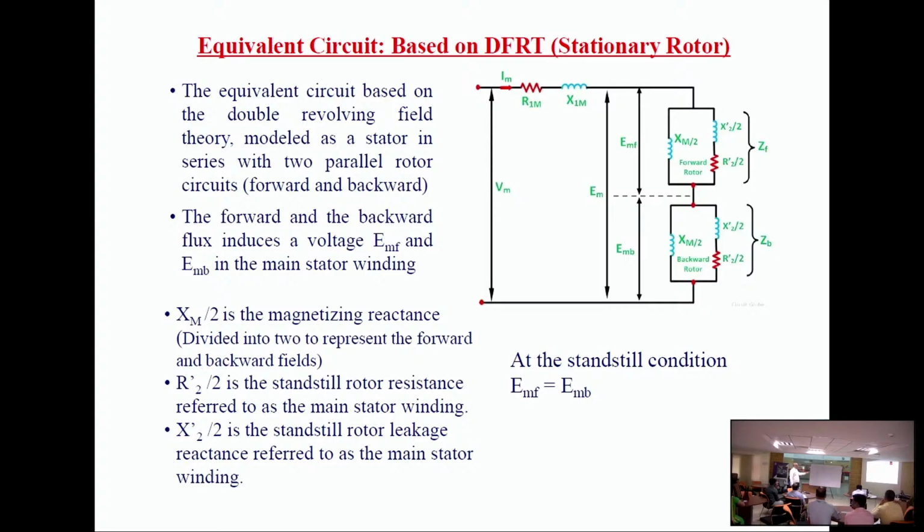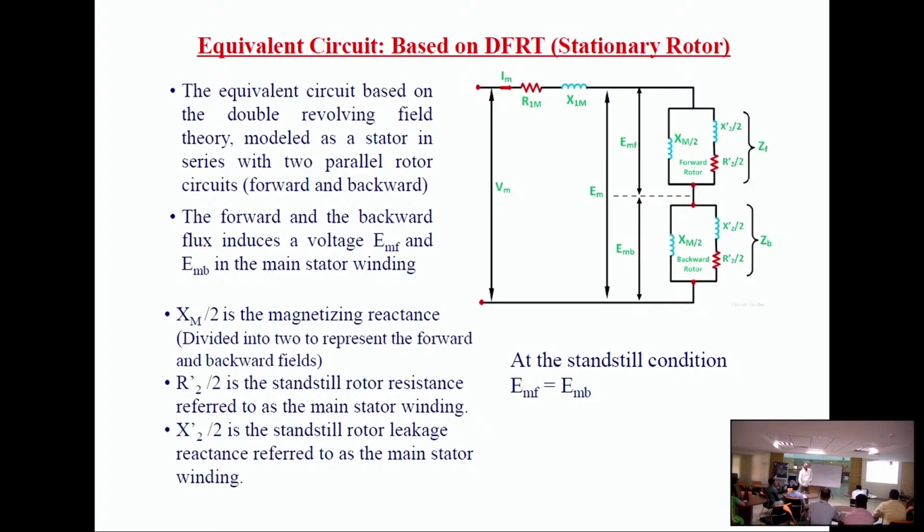In the same circuit, the R value is halved and the X value is halved. So the magnetizing reactance is halved. Imagine there are two rotors, both rotating in opposite directions.